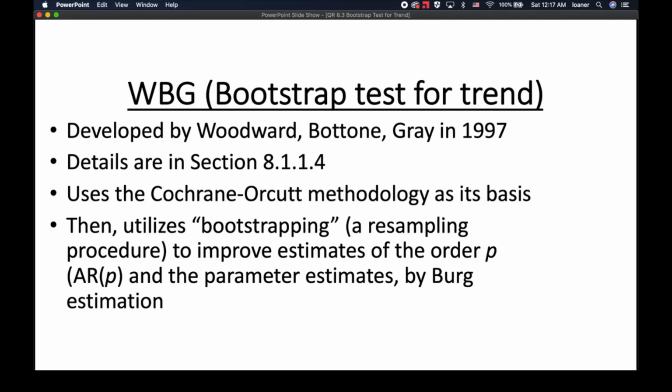There's a lot of calculation going on, and Burg estimation is quicker, more so than MLE. Remember, it also gives you a stationary solution, so there are some advantages of Burg estimation. So that's how this procedure was developed.